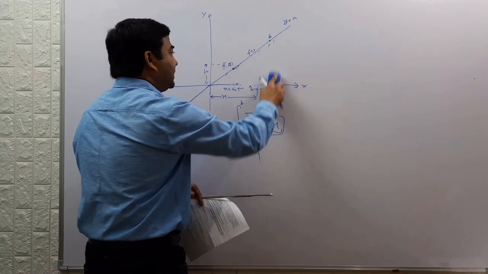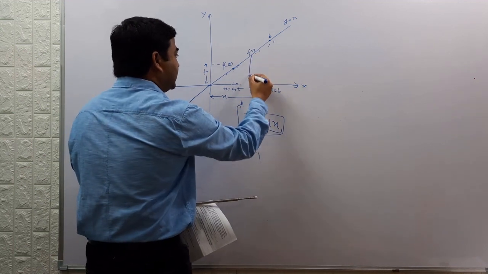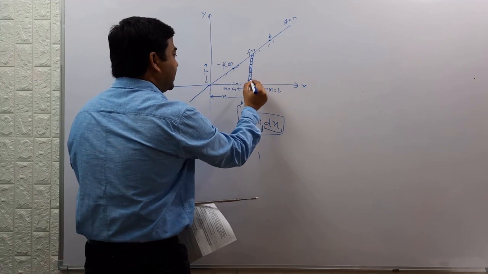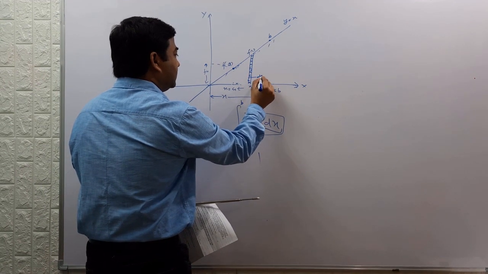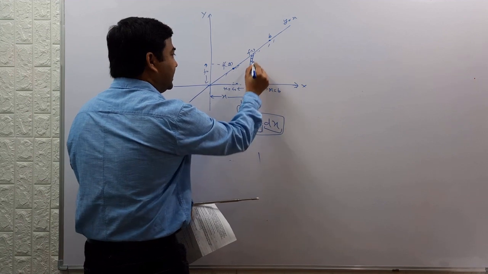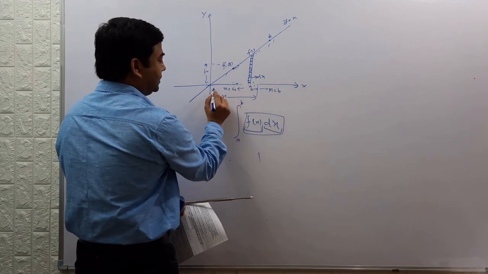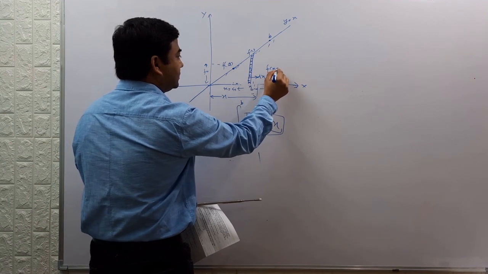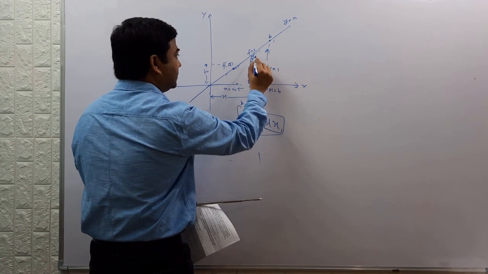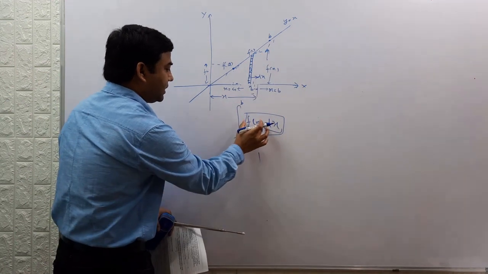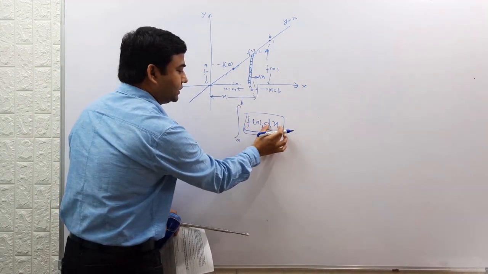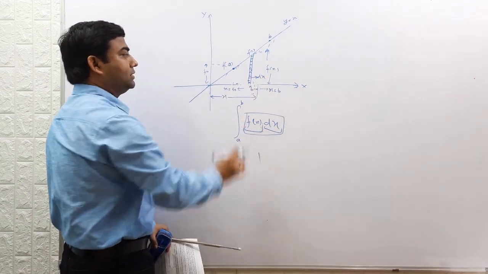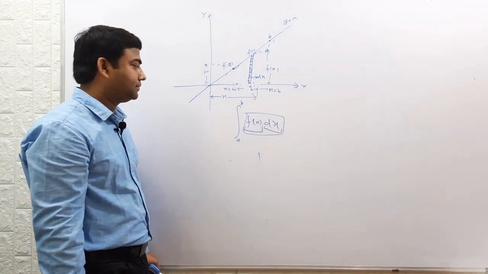Area of a general rectangle. This is the general rectangle having width dx, and its height at location x will be f(x). Length into width, this is the area of this general small thin rectangle.